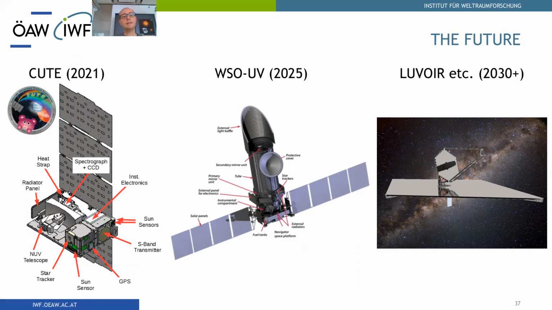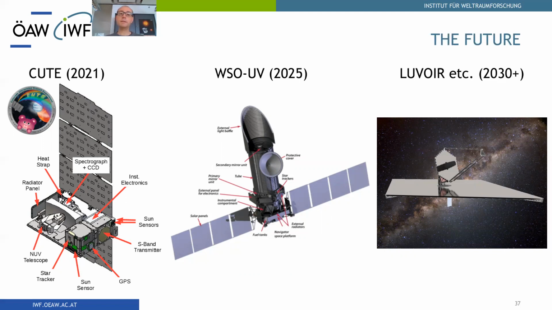The next one in line is CUTE, which is a small sat. It's going to be launched next year and is going to obtain transits of hot Jupiters orbiting different kinds of stars at near UV wavelengths. But this is only a small sat, and we definitely need something bigger to better study atmospheric escape.